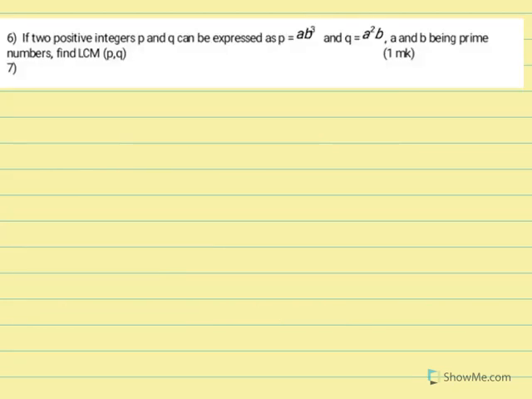If two numbers p and q are expressed as p equal to a b cube, q equal to a square b, a and b being prime numbers, find the LCM of p and q. So we write down p is a b cube and q is a square b. For LCM, let me write the steps.